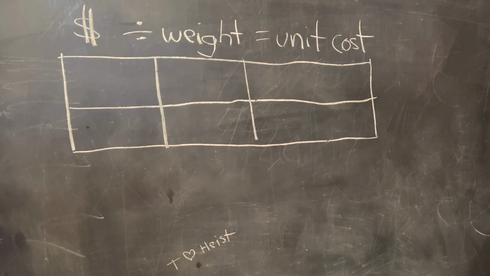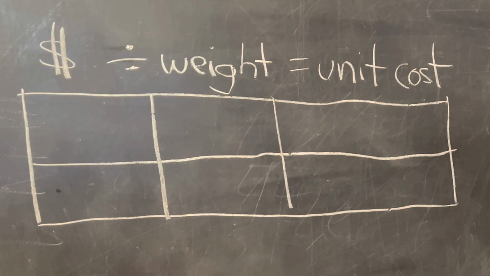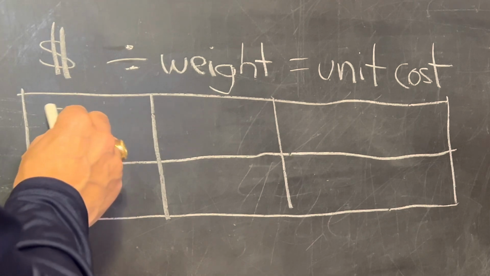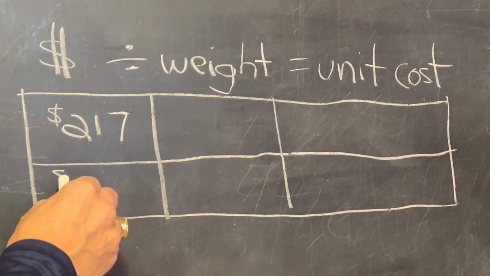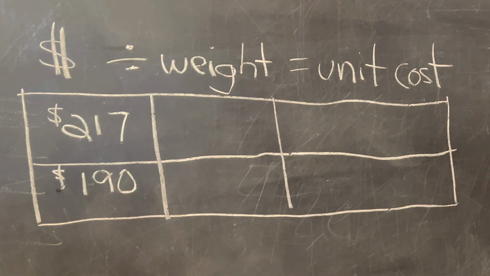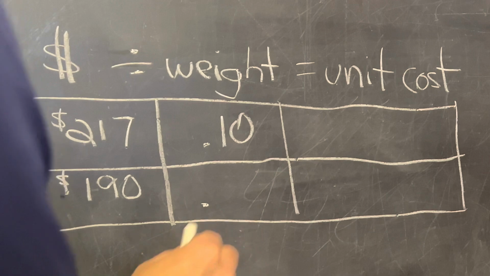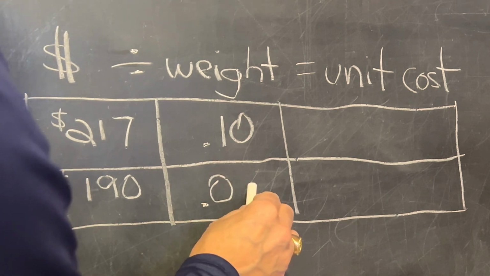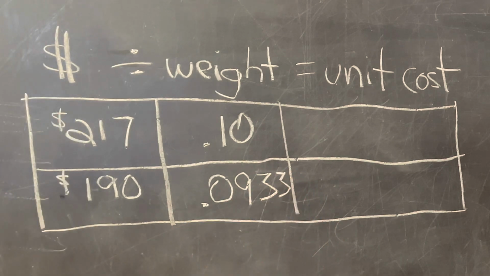Okay, let's take a look at this and see what kind of value I got buying that 10 franc versus the 10th ounce Gold Eagle. So as I mentioned earlier, the Gold Eagle's price was $217. The 10 franc was $190. The AGE is 1/10 of an ounce. The 10 franc was 0.0933 of an ounce. So let's do a little price comparison math.